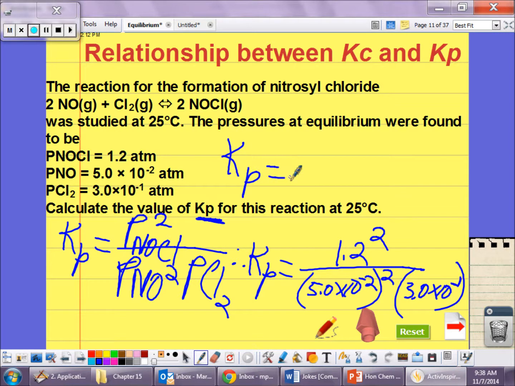Kp equal, say that again, 1920. The good news for you, I hear some people say it's not right. The good news is there is no unit for K. Okay, no unit for capital K. The unit is extremely important for the rate constant, very important for the rate constant, but no unit for capital K. Alright, let's see if we can do one more problem.